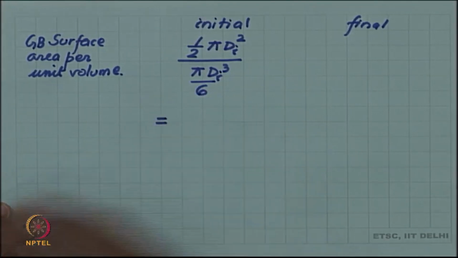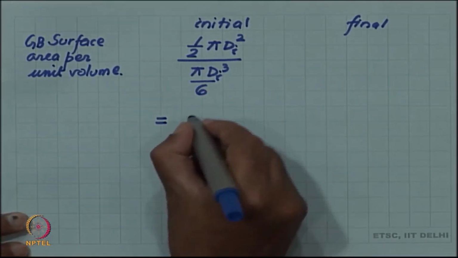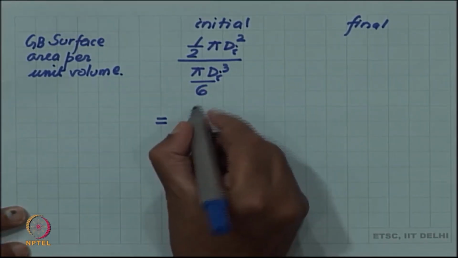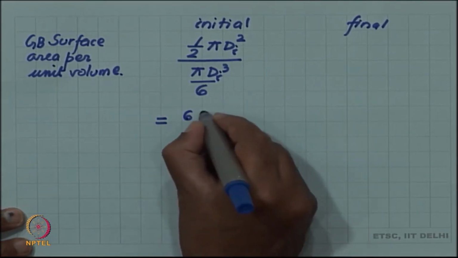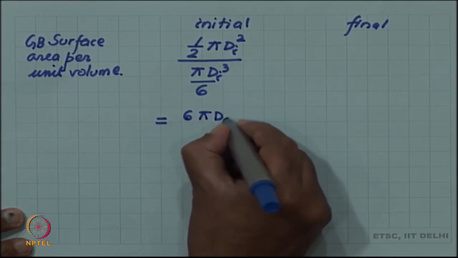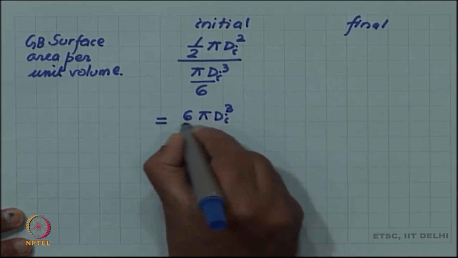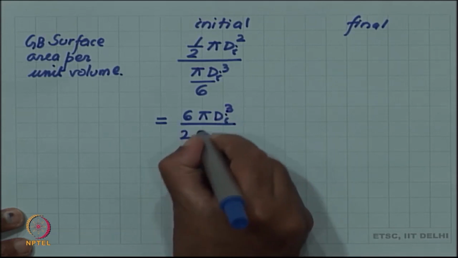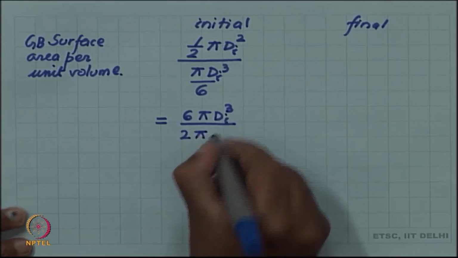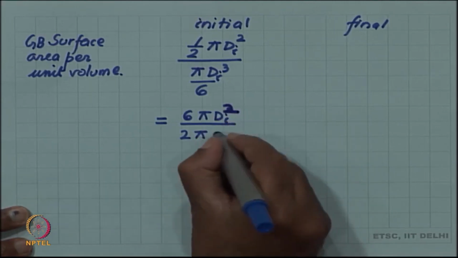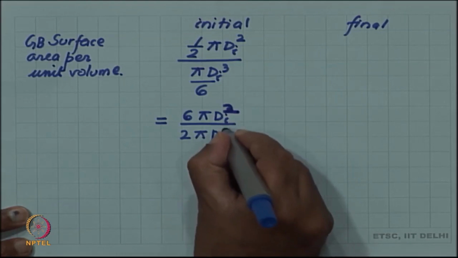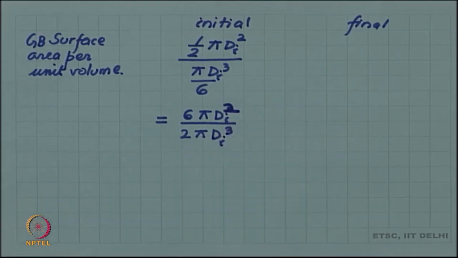So, this will give you 6 pi di square and 2 pi di cube.